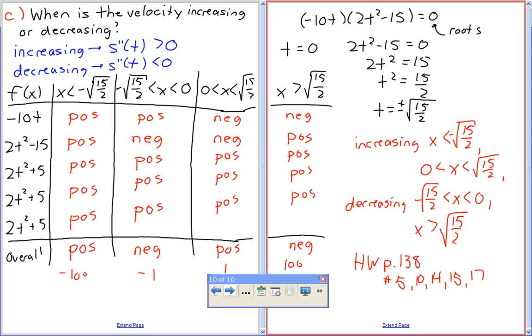I just want you to be calm. There's no questions on there for 0. So it's going to be 0 and plus or minus root.